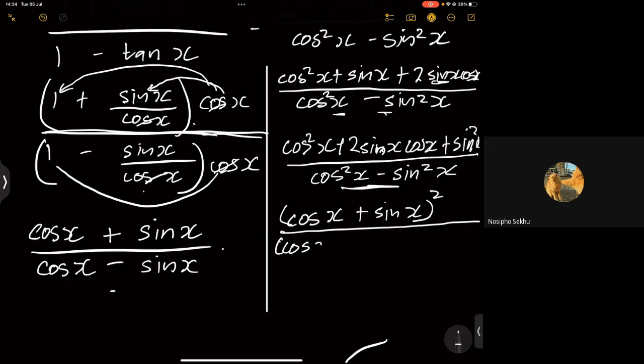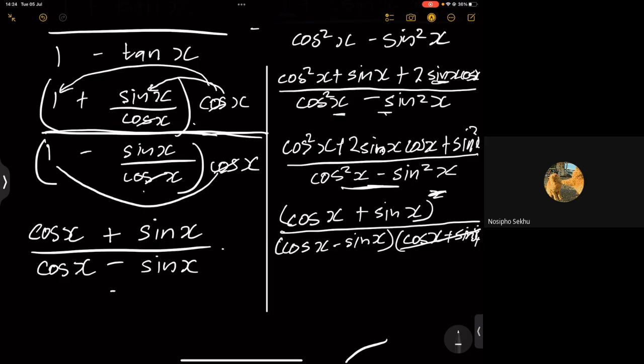Okay? And this is divided by, you remember when I talked about the difference of 2 squares? At the bottom, you've got cos x minus sine x times cos x plus sine x. The difference of 2 squares, right? So cos x plus sine x cancels out with one of those cos x plus sine x there.